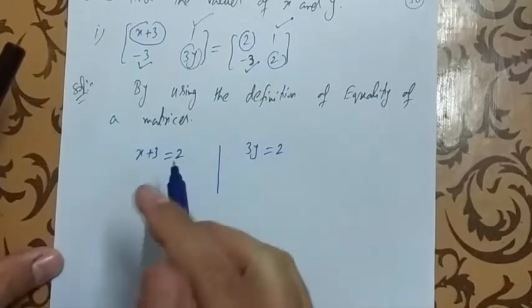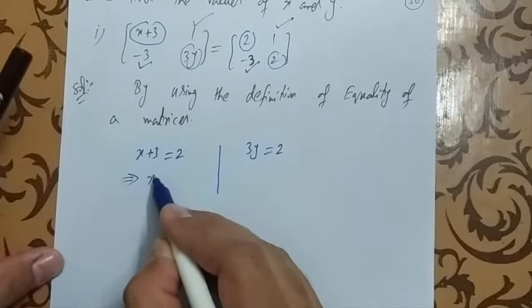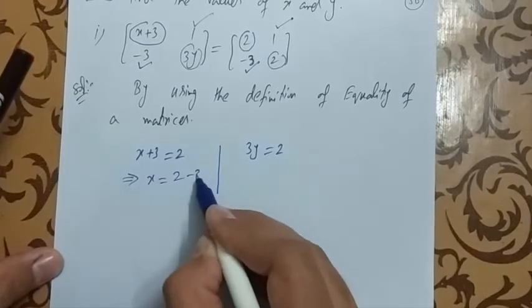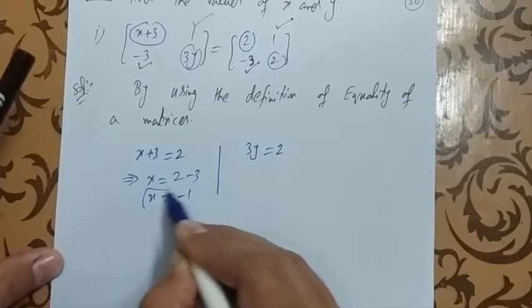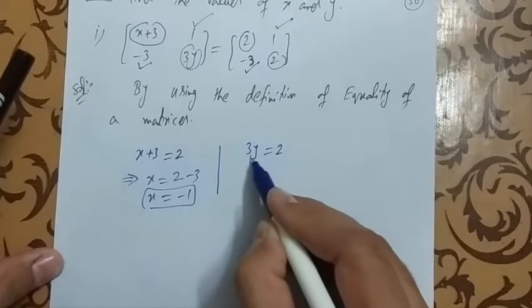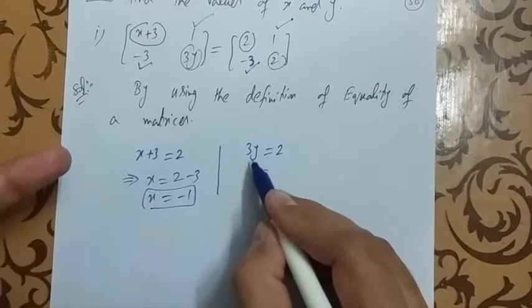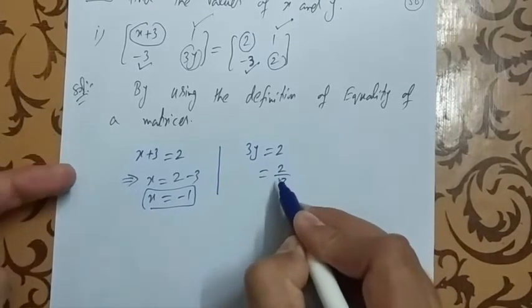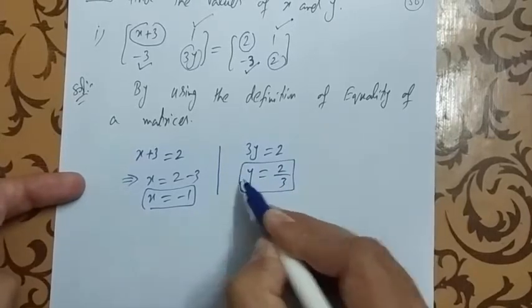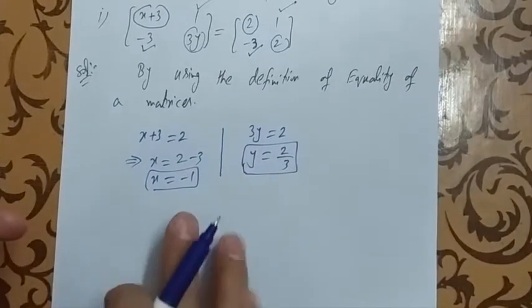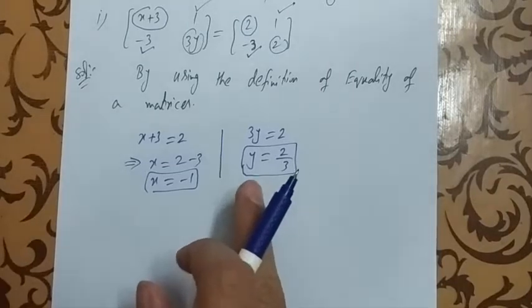Then it implies that x is equal to 2 minus 3, which is minus 1, and multiplying by 3 and dividing on the right side, y is equal to 2 by 3. This is the value of x and y.